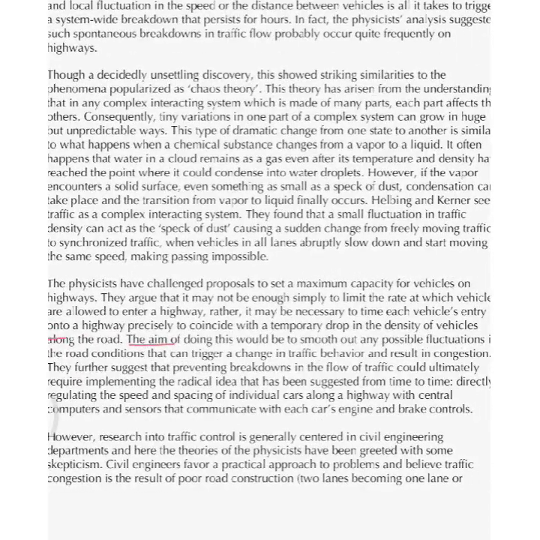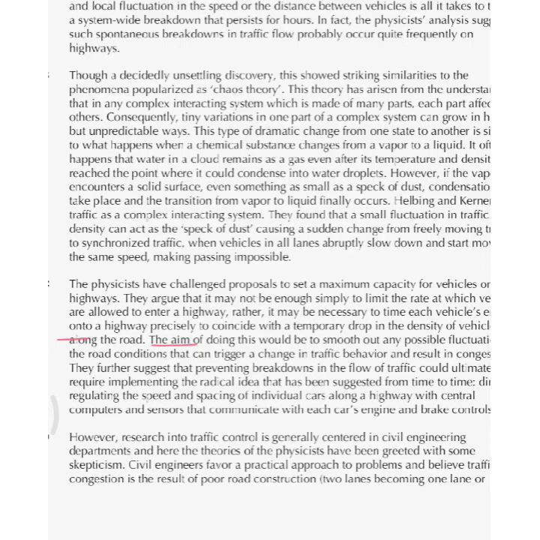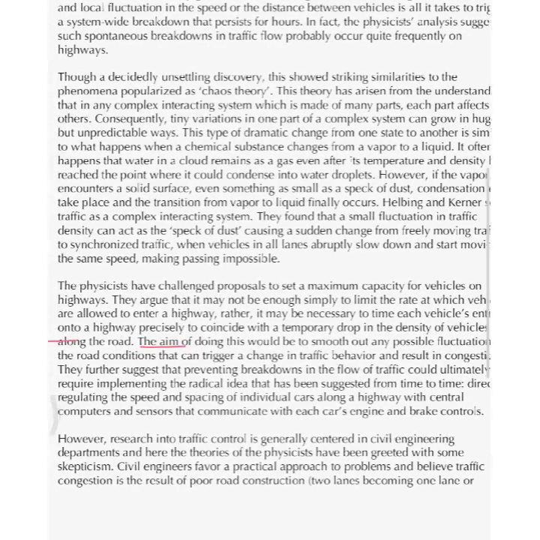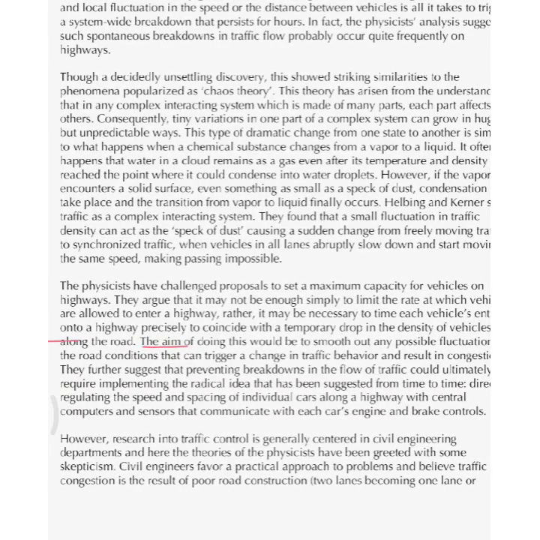So they say the aim of doing this would be to smooth out any possible changes that can result in congestion or less congestion, meaning road conditions that can trigger a change in traffic behavior. They are looking for the options that can actually bring changes in traffic behavior and congestion.